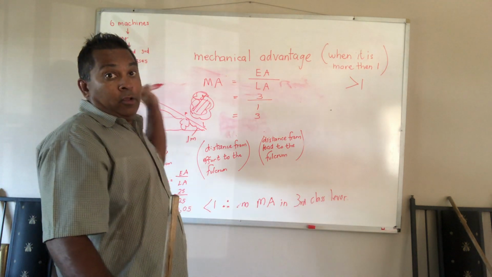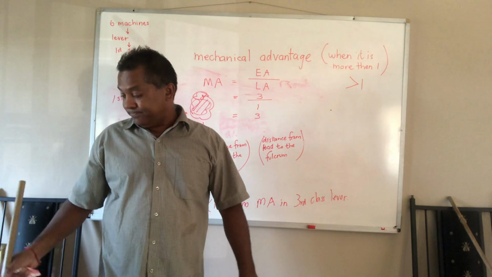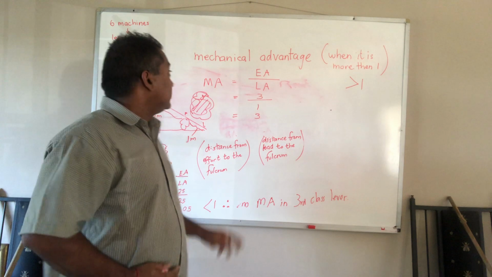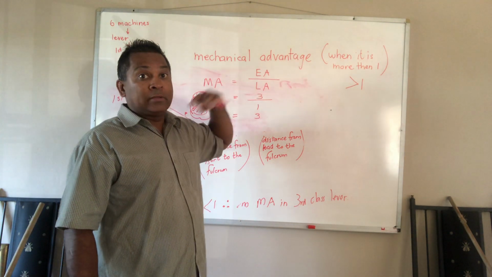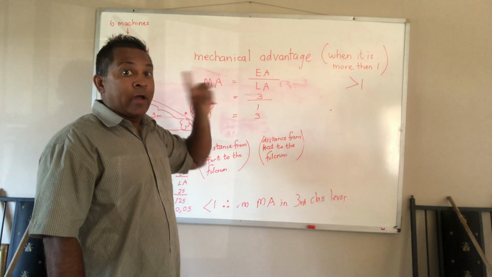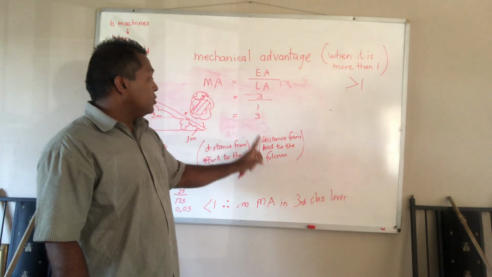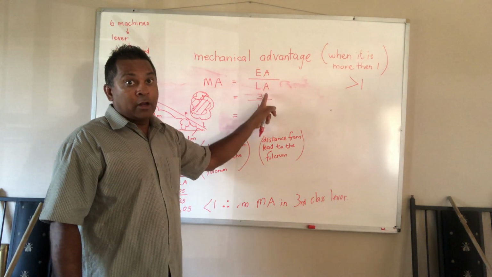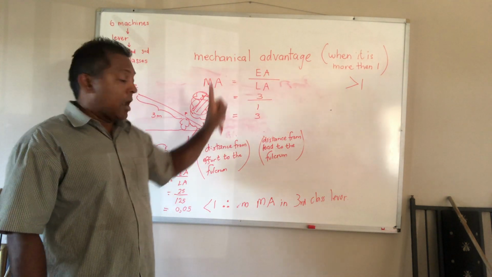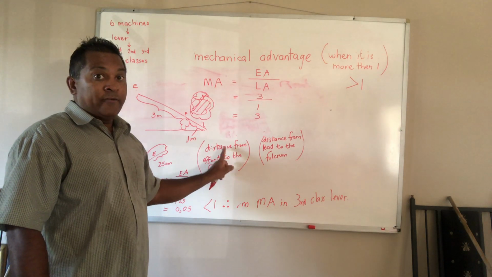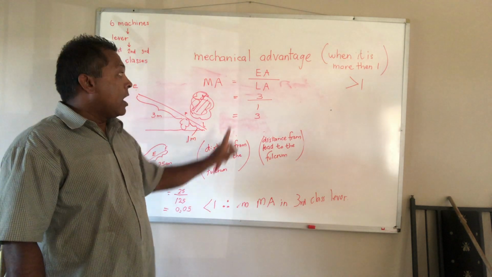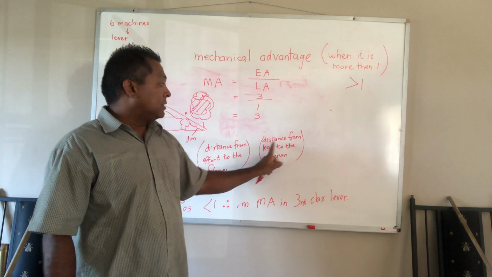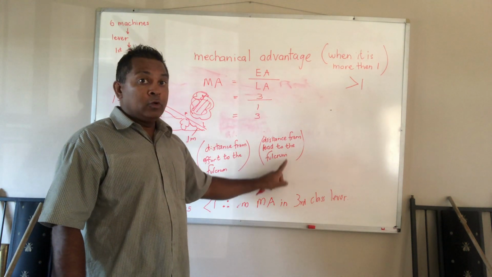Okay, so what do you gather from the whole lesson? You gather that mechanical advantage makes life easier. Mechanical advantage can be calculated if you know what effort arm and load arm are. How do you know effort arm? You look at the distance from the effort to the fulcrum. How do you know load arm? You look at the distance from the load to the fulcrum.